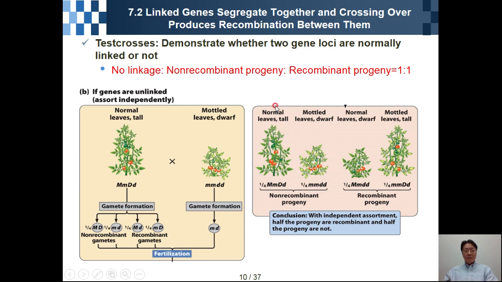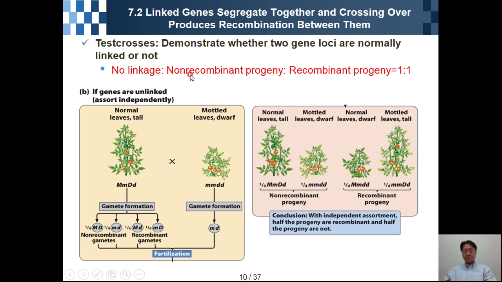So if there is no linkage, the ratio between the non-recombinant progeny and the recombinant progeny is 1:1. So this is another test cross to demonstrate whether two gene loci are linked or not.